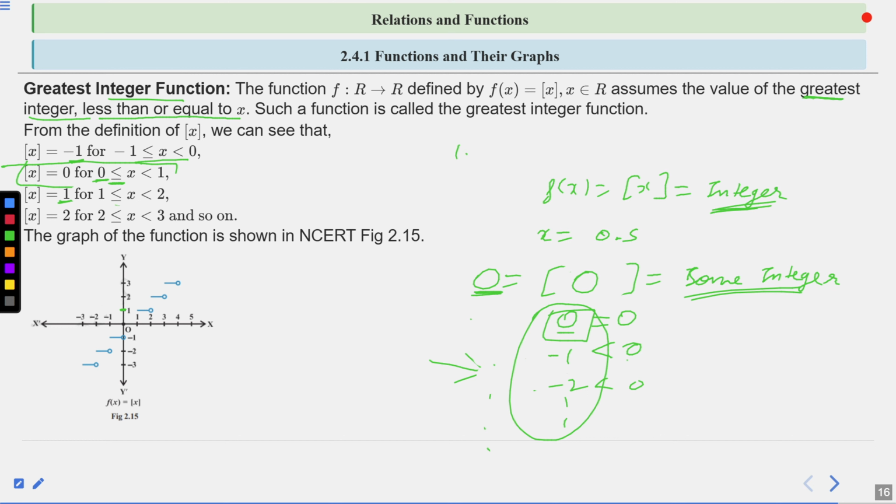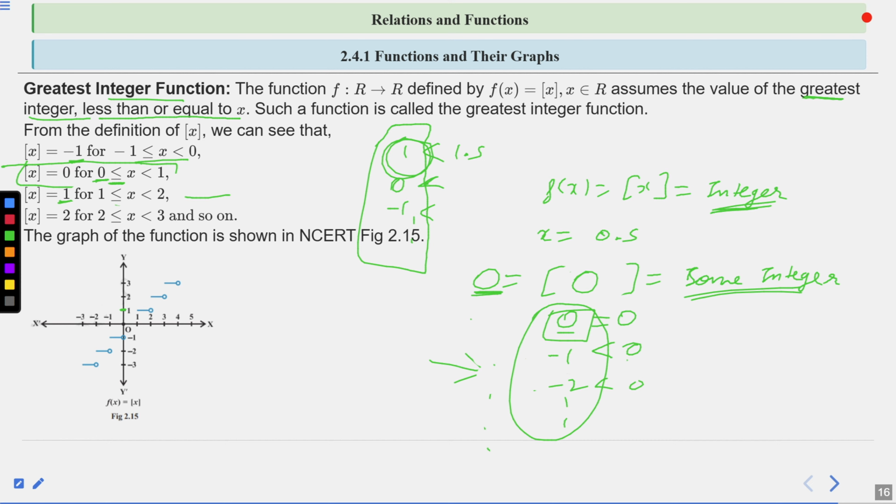The same goes for 1.5. Integers less than 1.5 or equal to 1.5: we do not have any integer which equals 1.5, but we have less than. So 1 is less than 1.5, 0 is less than 1.5, -1 is less than, and so on. Now among these numbers, which one is the greatest? This number, 1.